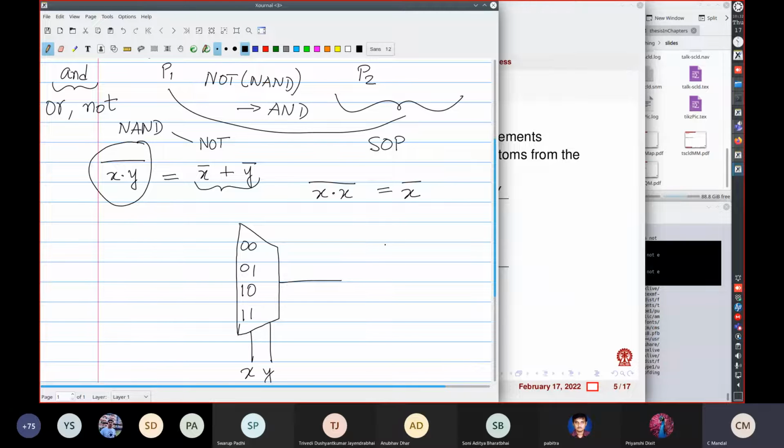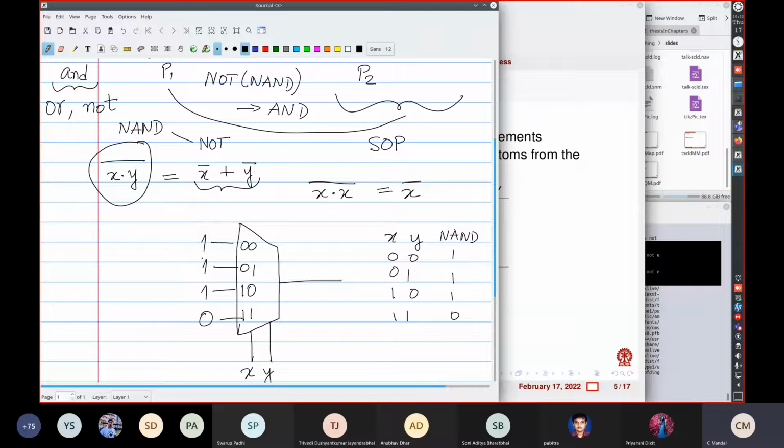So what is the truth table of NAND? Whenever any one input is 0, it is alright. So now again that is the catch.